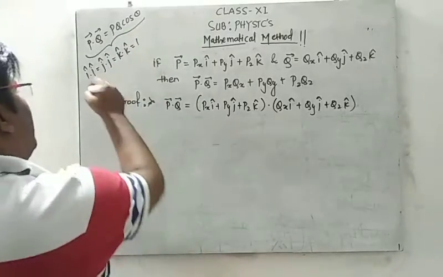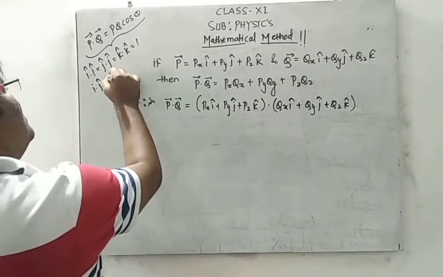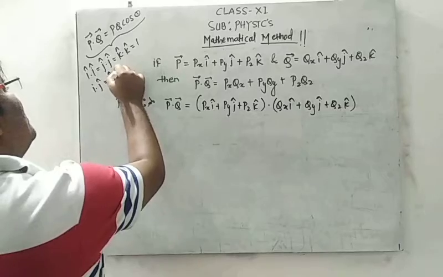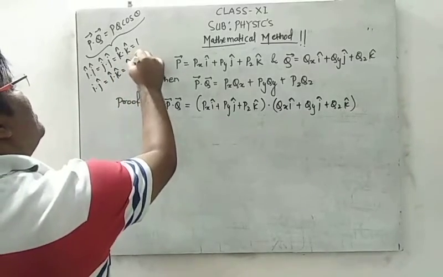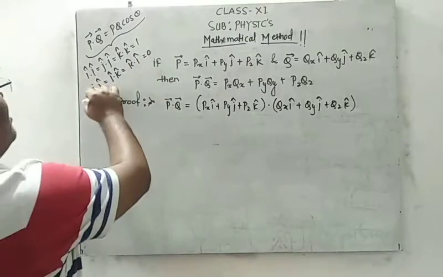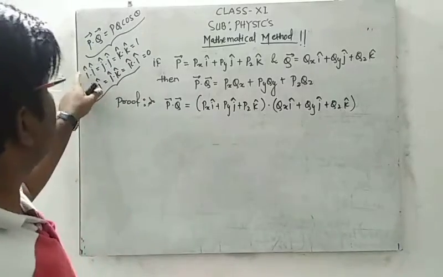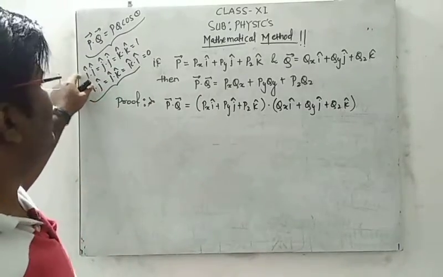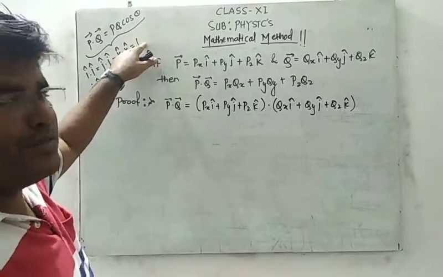And i cap dot j cap is equal to j cap dot k cap is equal to k cap dot i cap is equal to 0. You have to know this. When two vectors are parallel, their scalar product is equal to 1.